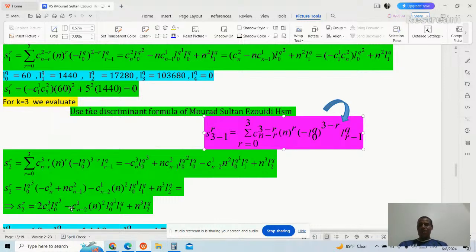Plus minus combination n minus 1 choose 1, n squared L0 to the cube times L1, plus n cubed L2. I'll just use the last formula, this one. This S2 had been developed from the discriminant formula of Mourad Sultan Ezouidi when k equals 3.